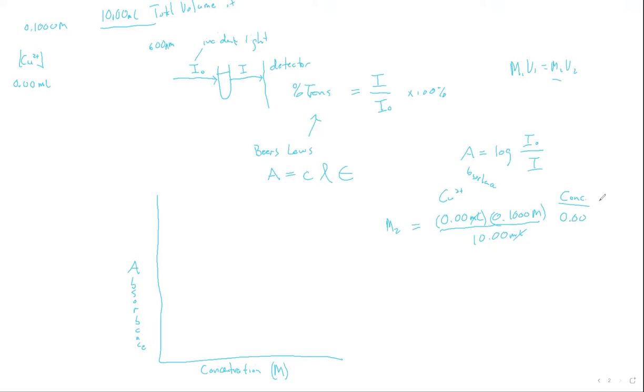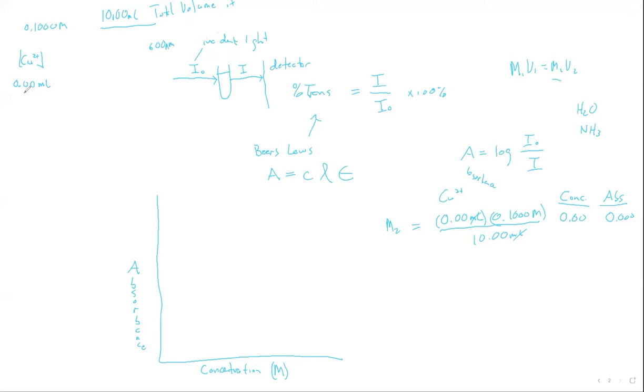And then for the absorbance, we're going to use this first one as our blank, because it's just going to have water and ammonia. So we're going to set this to 0 absorbance. That's going to be our first data point.